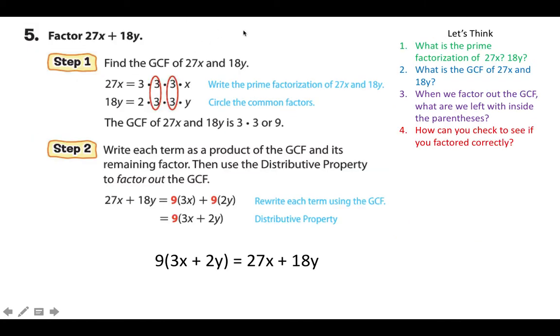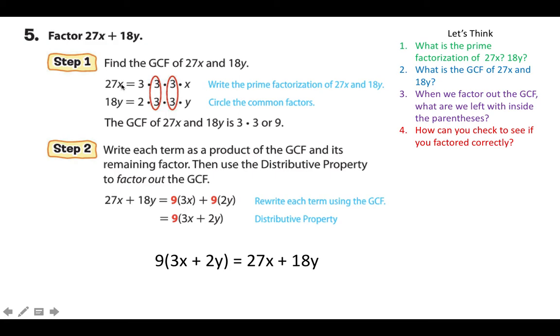All right, in example number 5, we are factoring an expression with two variables. Our expression is 27x plus 18y. So let's think through this. When we're factoring, we have to use the greatest common factor, and we can use prime factorization to do that.